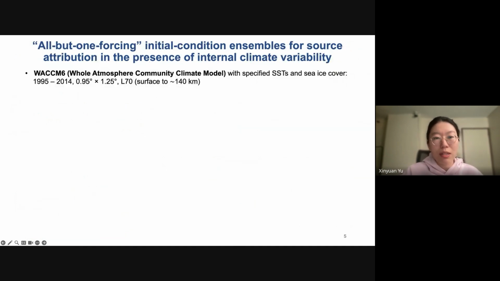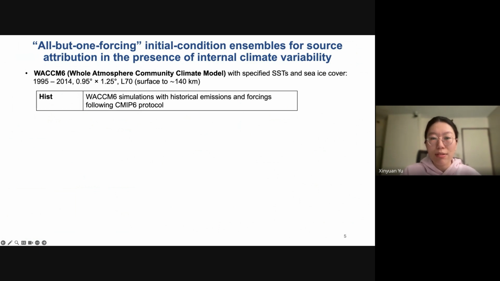So for this work, we conducted a new set of all-but-one initial condition ensembles to attribute the ozone trends from 1995 to 2030. To save computational time, we didn't run a fully coupled model, but used WACCM6 with specified SST and sea ice cover. The model has a horizontal resolution of about 1 degree and 70 vertical layers.